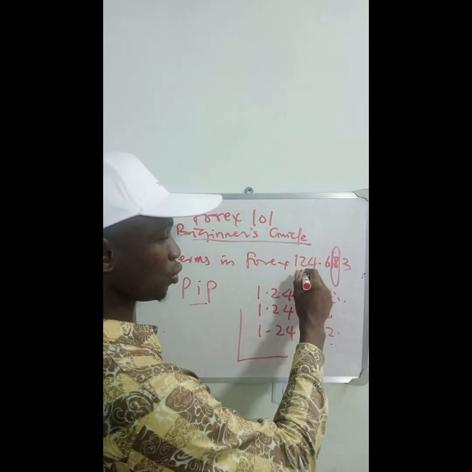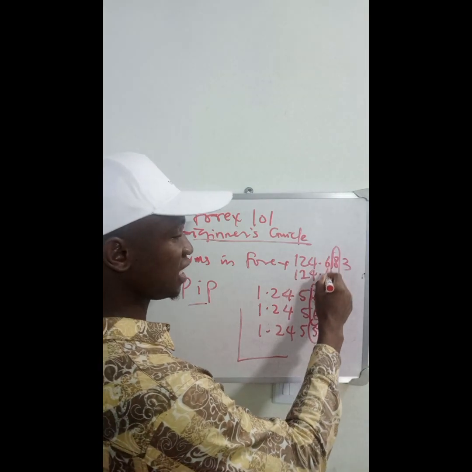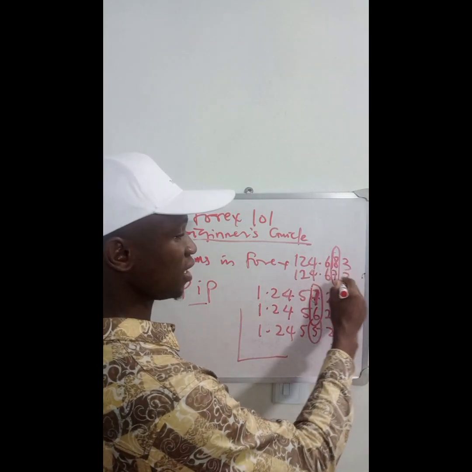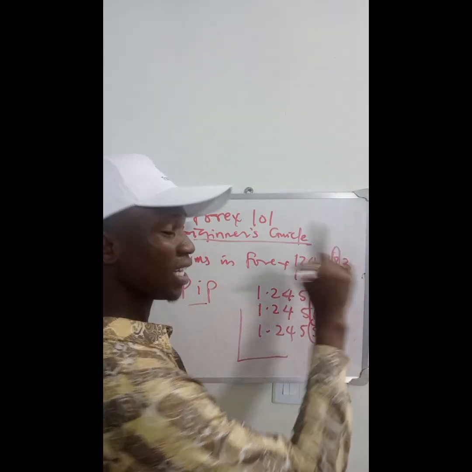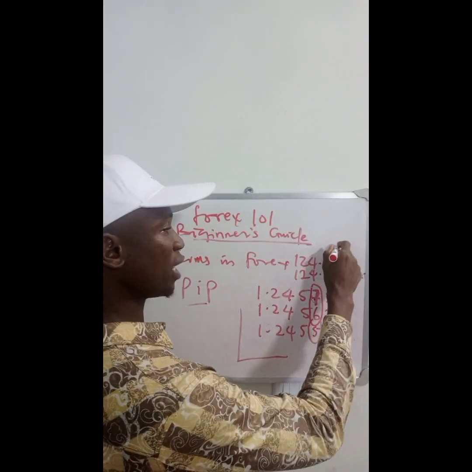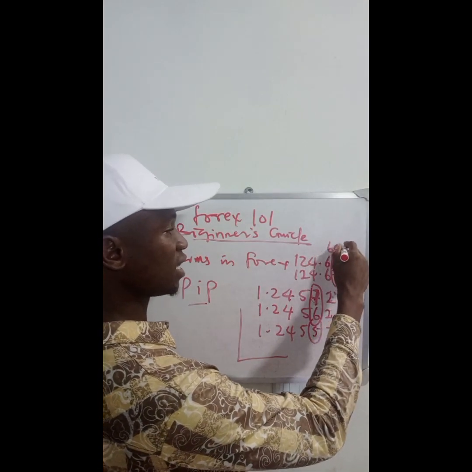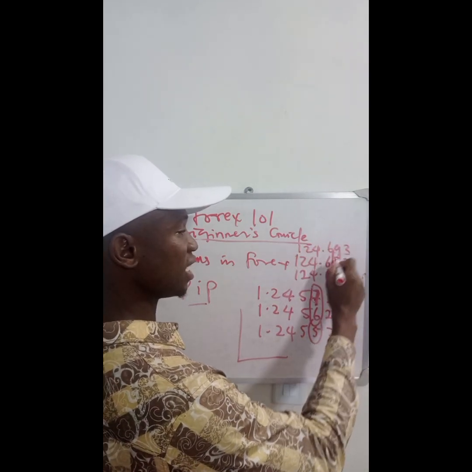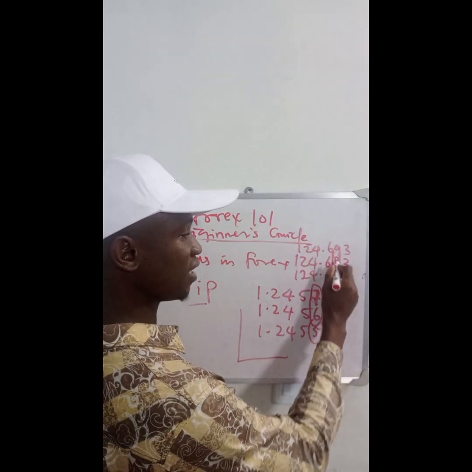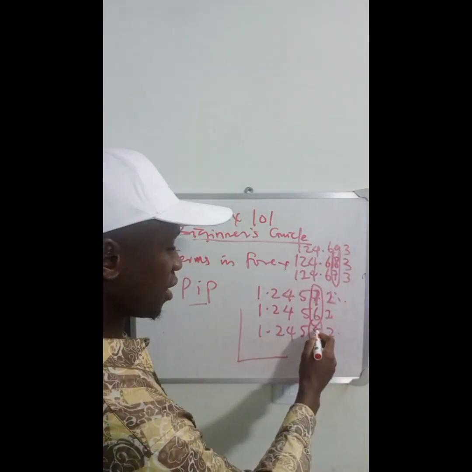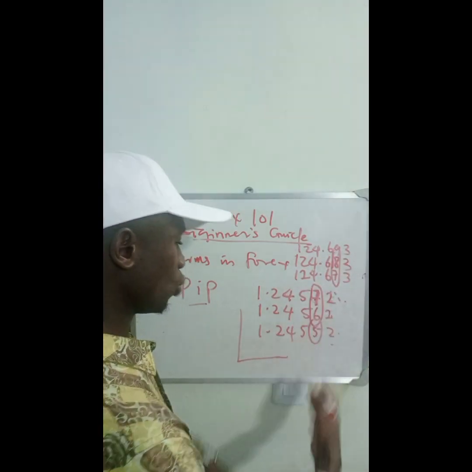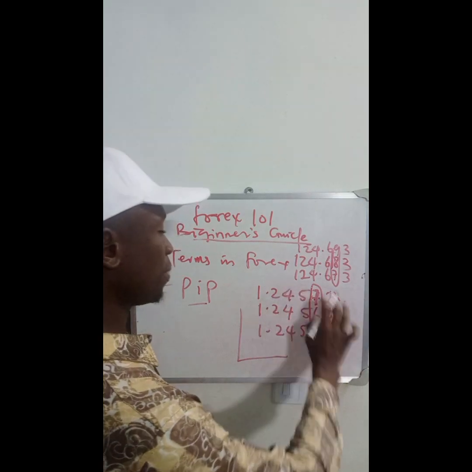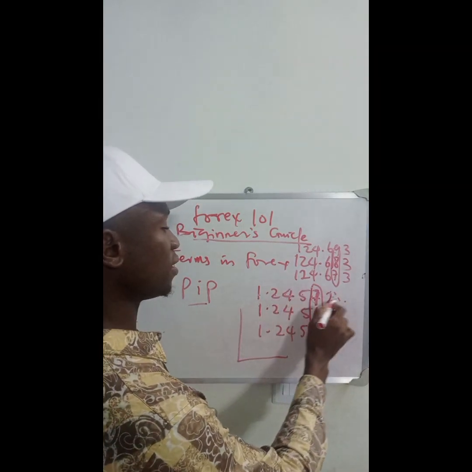So when you see 124.673, this movement from 7 to 8 has added 1 pip. 8 to 9, that is 124.683, then 124.693. Now it has added 1. You can see progressively 7, 8, 9. So that's the increment. You can see here 5, 6, 7. So here in currency pairs, you see 1, 2, 3, 4, 5, like that.